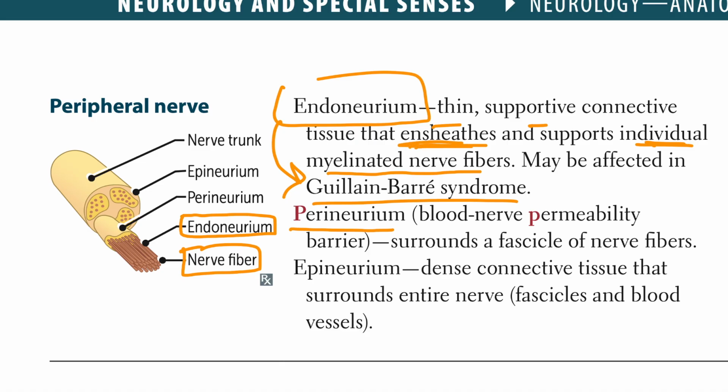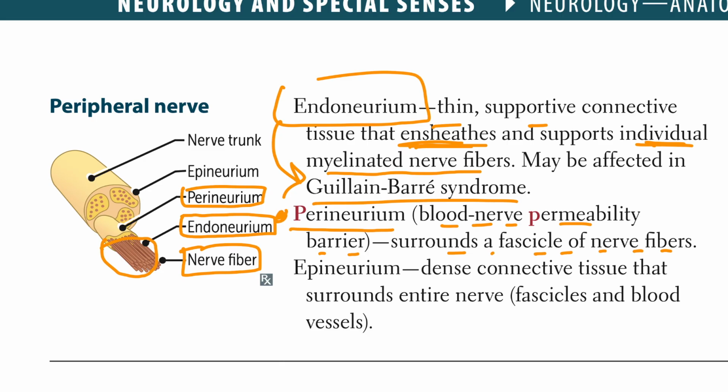And then on top of that, we have the perineurium, which is there for the blood-nerve permeability barrier, P for permeability. It surrounds the fascicles of nerve fibers. So you have a fascicle, which is surrounded by perineurium.